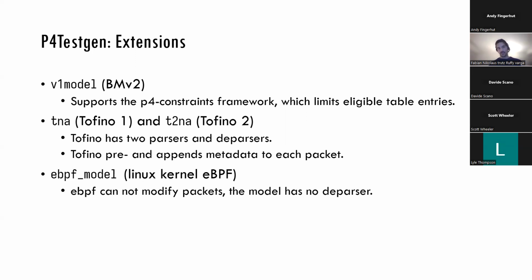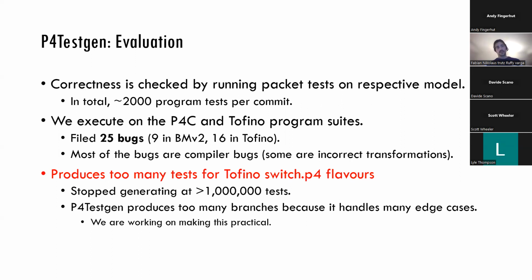We're looking into more extensions we could develop, and we're happy to hear suggestions or feedback on what else we could generate tests for. In terms of evaluation, to check that this tool actually works, we run it on hundreds and hundreds of P4 programs. Per commit in our CI, we run it on 2,000 program tests for all the different test backends.